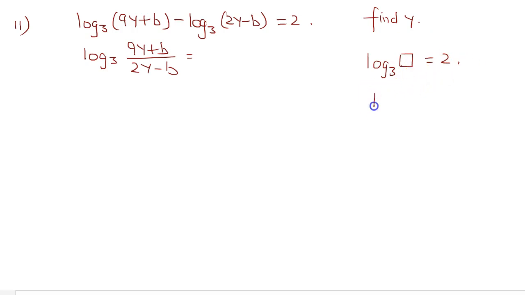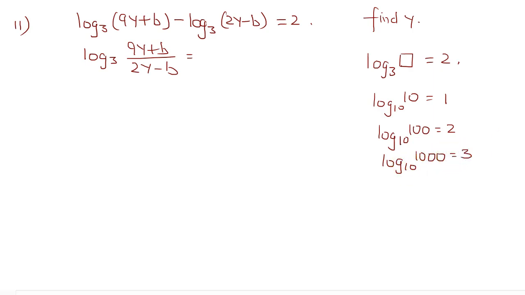Let me give you an example. Log base 10 of 10 is equal to 1. Log base 10 of 100 is equal to 2. Log base 10 of 1000 is equal to 3.